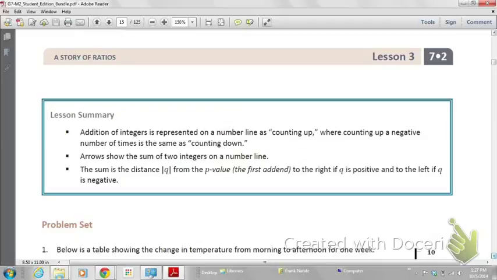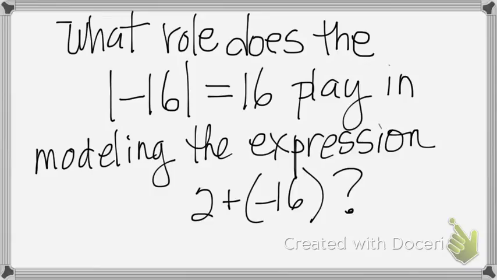Okay, so just before we summarize, just a few points. One question before we get to our lesson summary page.